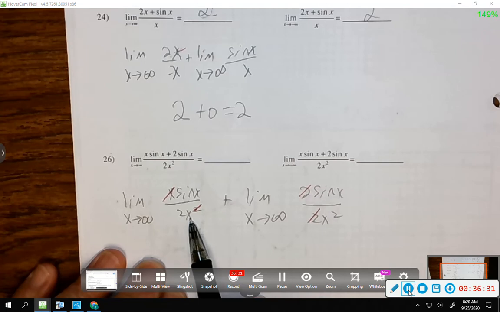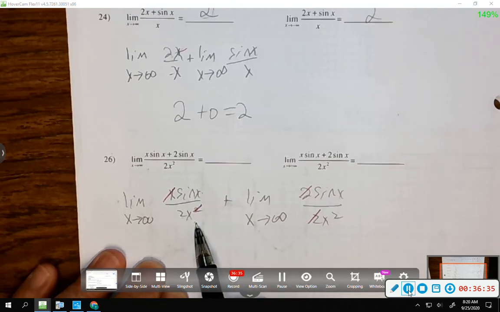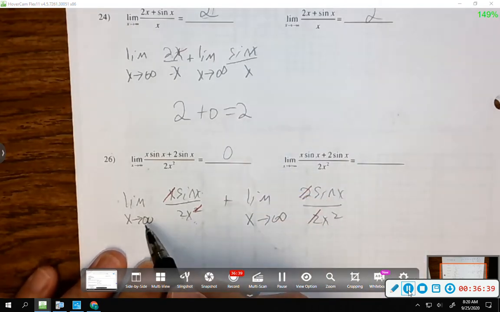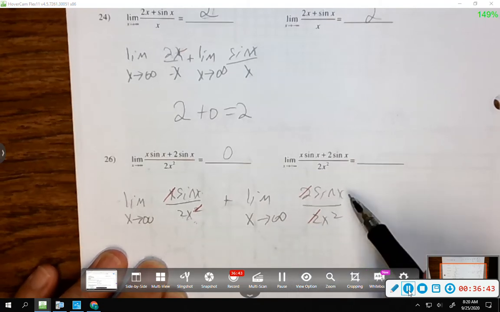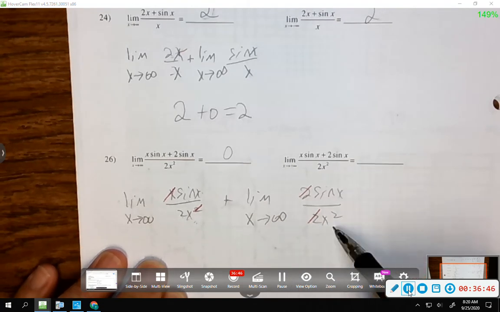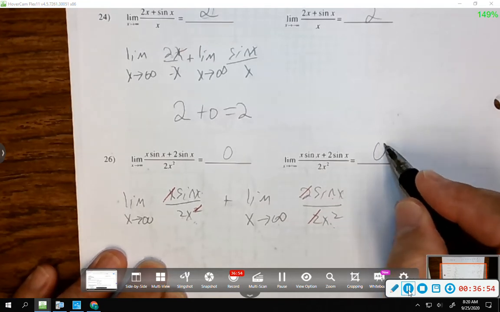So I'm going to have a number between -1 and 1 over infinity. That goes to 0. And it doesn't matter if we're going to positive infinity or negative infinity here. It's the same thing because this also goes to 0. The sine of any angle is going to produce a number between -1 and 1 over a really large number. It's going to go to 0. Good?